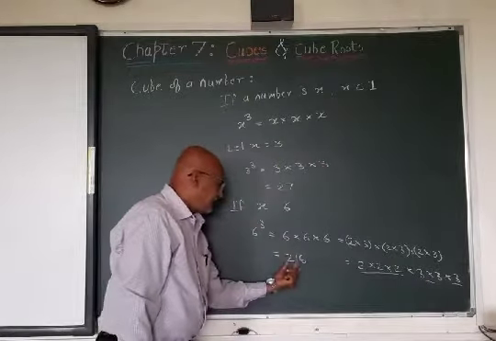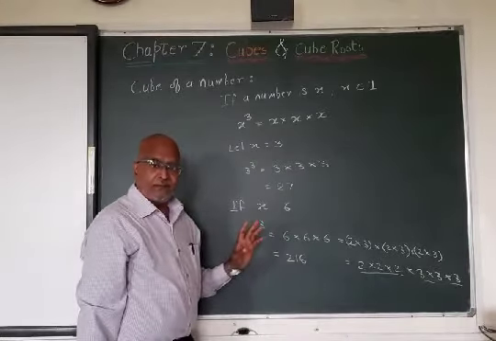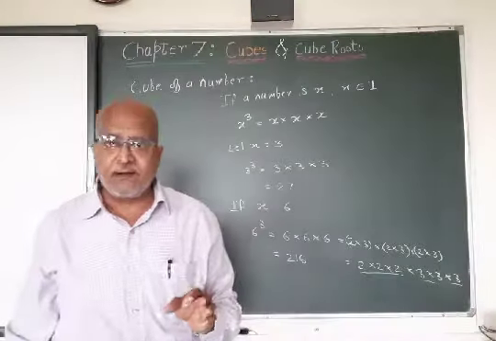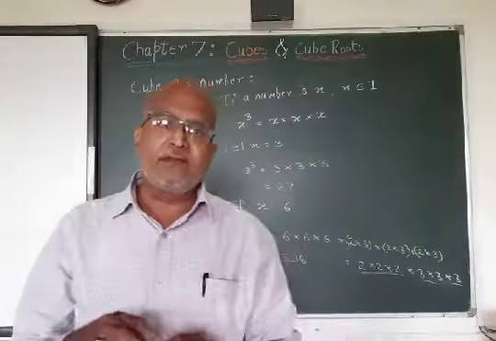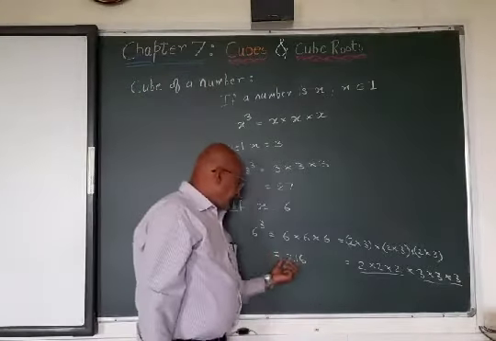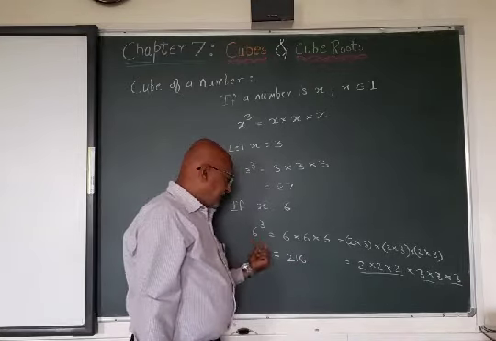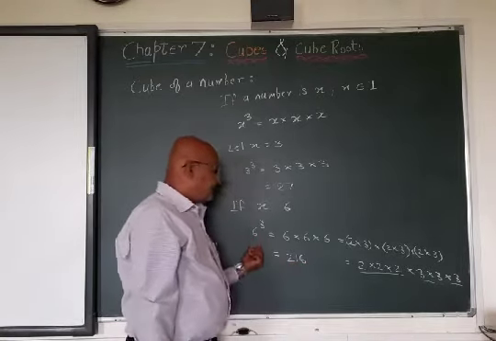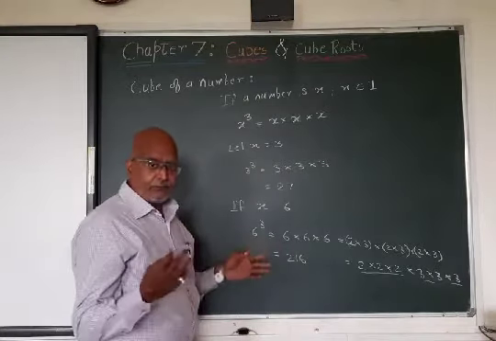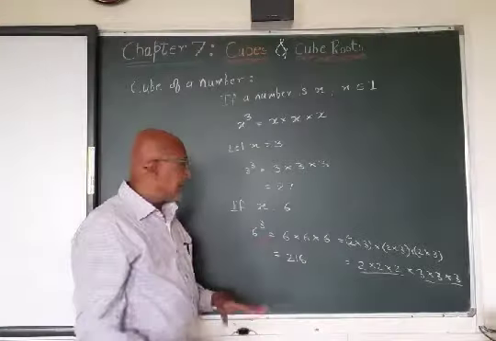So we can say this number is the cube of 6. So in one example we can understand what is cube and what is its cube root. This is the cube of 6, and of this, 6 is the cube root. Obviously the cube and cube root are opposite things.